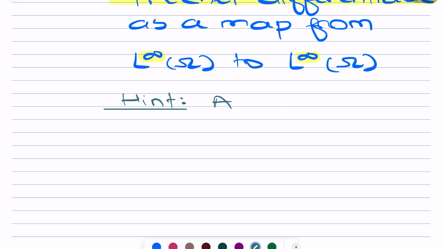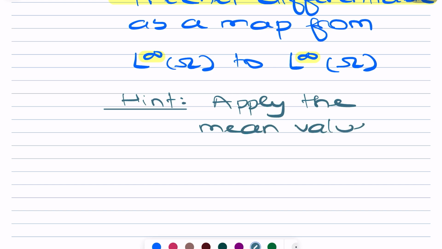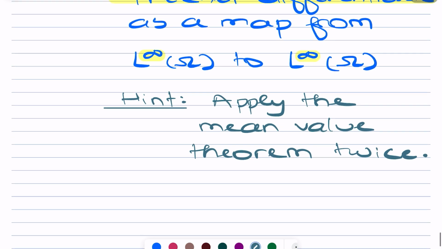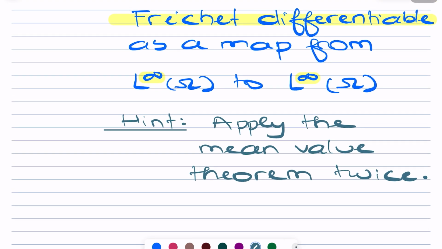You just need to apply the mean value theorem twice, which would be enough. Feel free to drop your comment in the section below if you try it out and face any difficulties, and feel free to reach out to me.